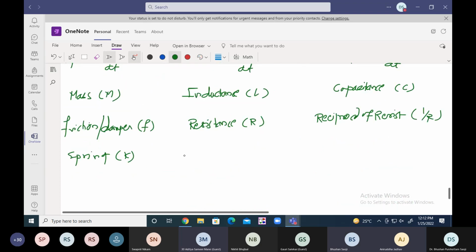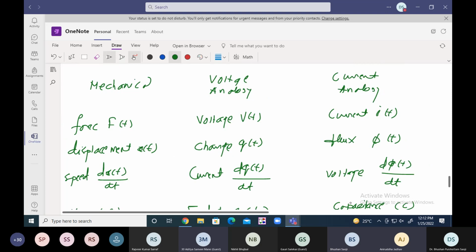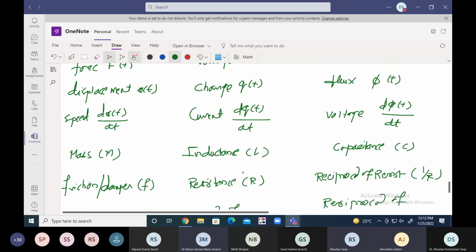Here it is reciprocal of inductance, that is 1 by L, and reciprocal of capacitance, that is 1 by C. So this is the simple table.